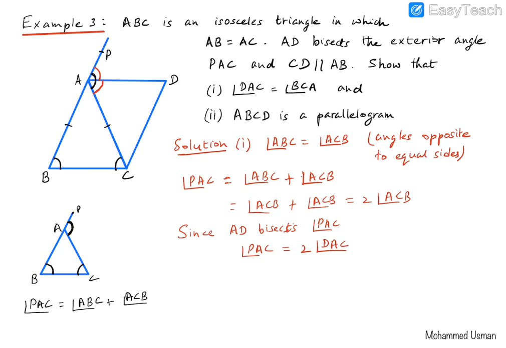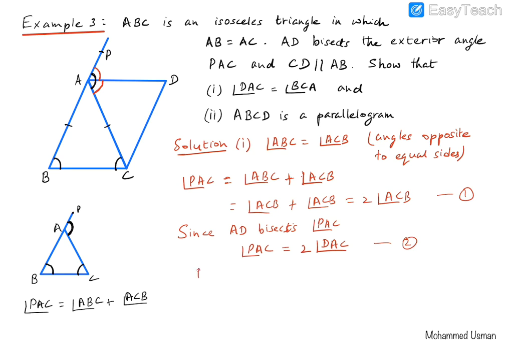Now we have these two equations. The first equation is over here, and this one is the second equation. From the first equation, angle PAC is 2 times ACB, and from the second equation, angle PAC is 2 times DAC also. So 2 times ACB and 2 times DAC are equal because they are both equal to PAC.